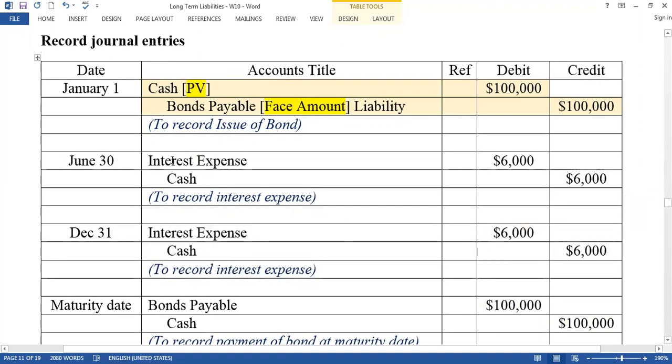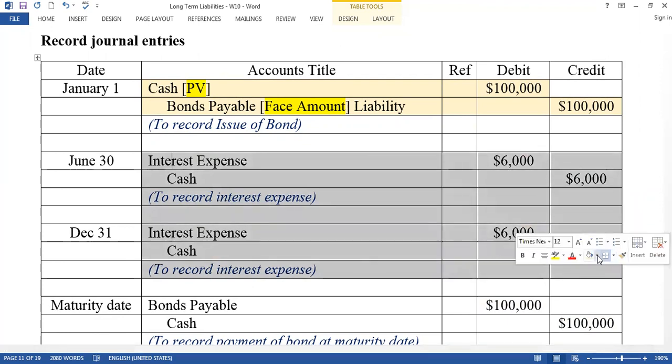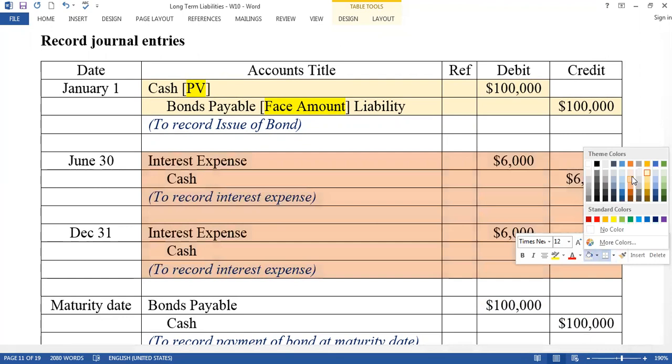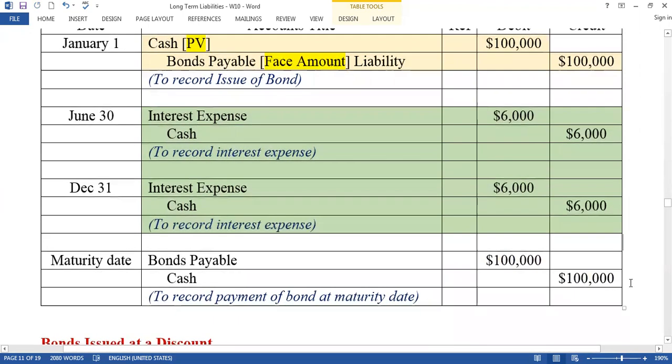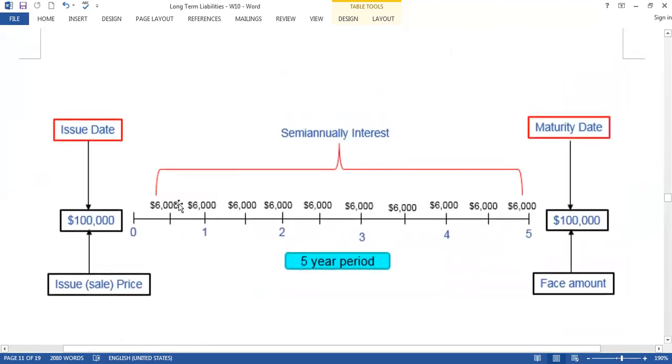So this amount is similar. This part is the journal entry for interest expense: interest expense debit, cash credit, and based on this part you can see 6,000 and 6,000.